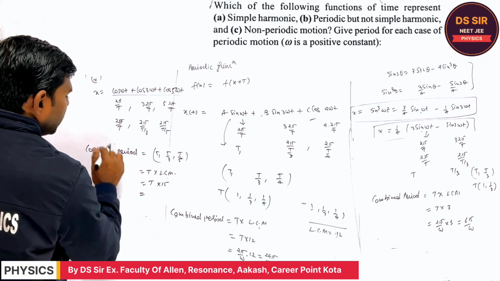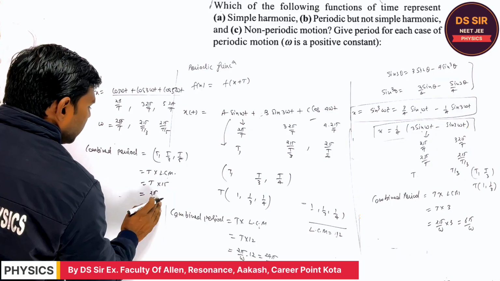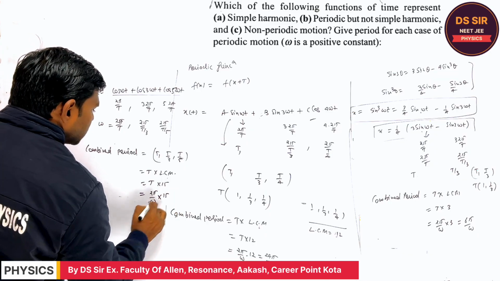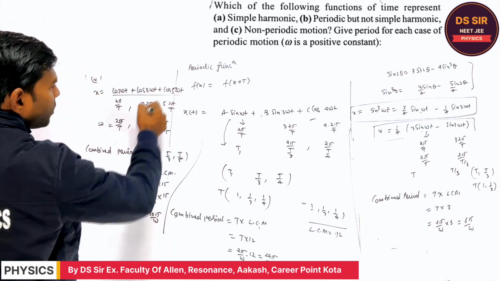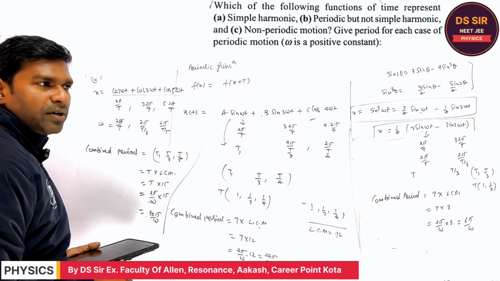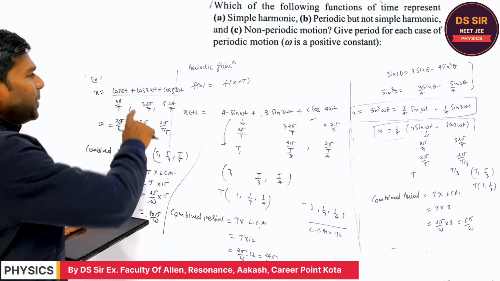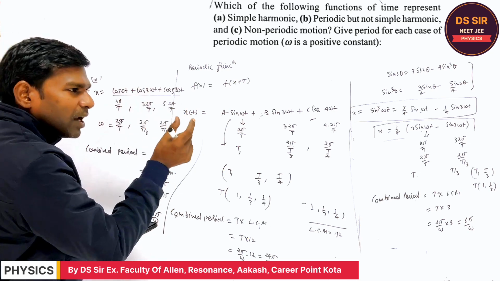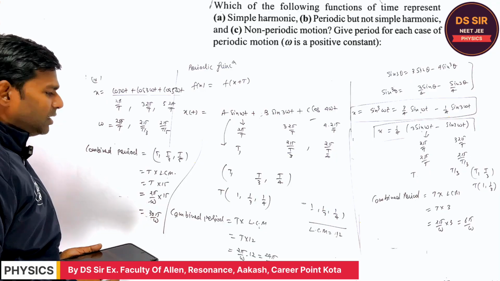And what is the value of T? Because it is omega, in terms of omega you can write in this way. So 30 pi by omega is the combined period of this summation of different periodic functions. All right. When periodic functions are added, it produces another periodic function, right?